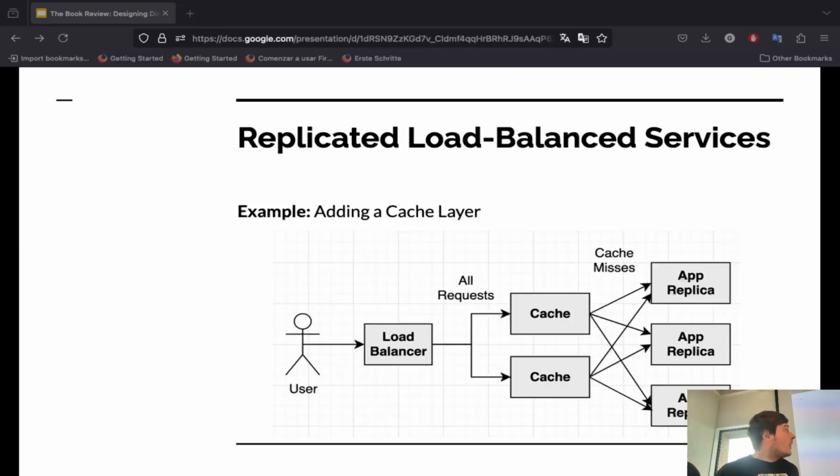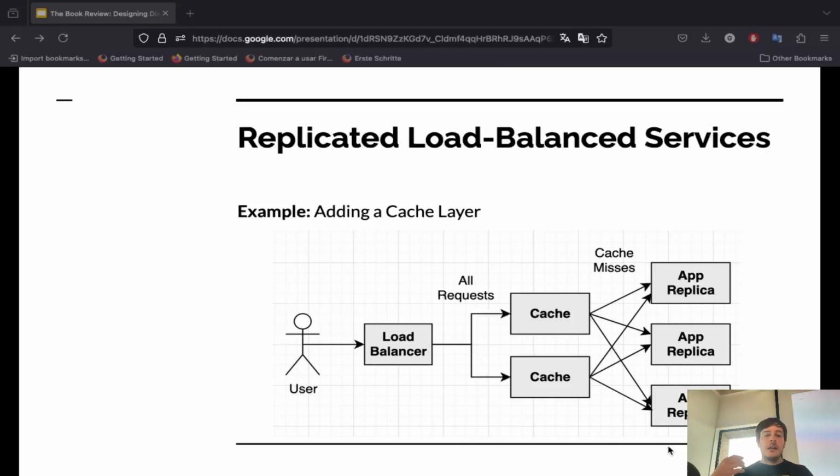So what it says is, hey, we can actually add a caching layer: we can have a load balancer and then replicate the cache, not only the applications, and if there is a miss, we talk with the replicas, and then we share the load between the caches.